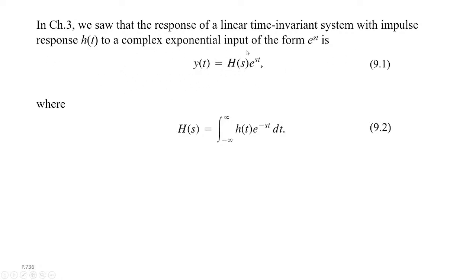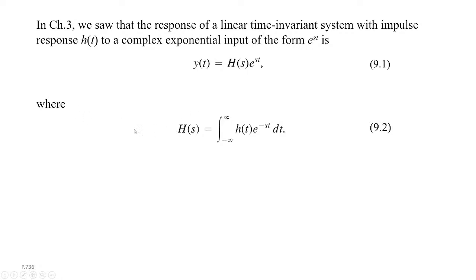So your output will be some eigenvalue times your complex exponential. And we can compute this eigenvalue H of S from your impulse response h of t by the integral from minus infinity to infinity of h of t e to the minus st dt.